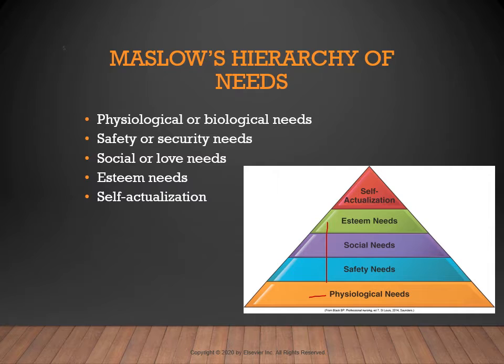Relating to the hierarchy in dentistry means getting to know the patients and finding out at what point in this pyramid they are in order to bring them up to self-actualization, which would have them setting goals. If they have esteem issues based on their teeth, then you need to correct this issue before we can have them move on to self-actualization.